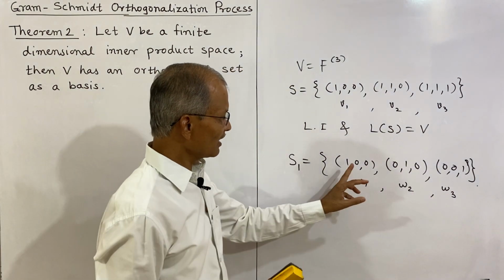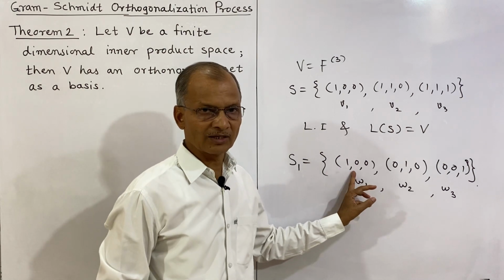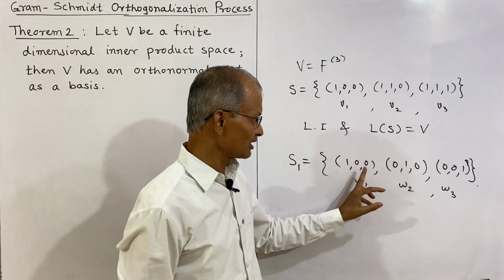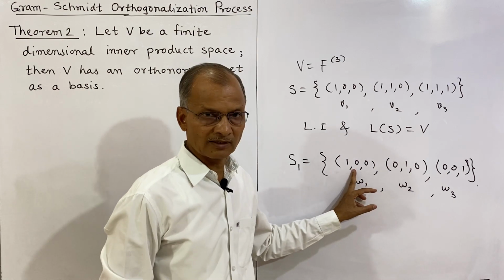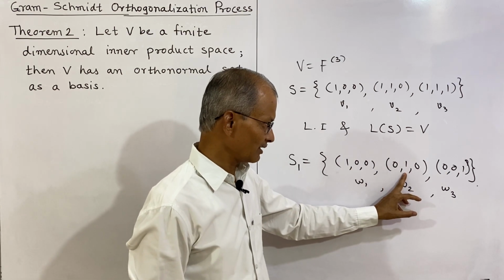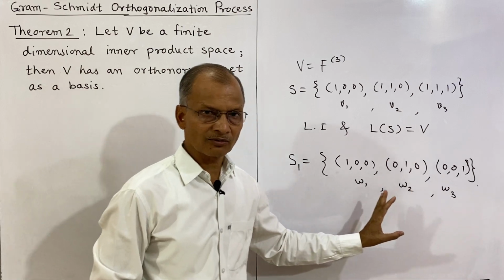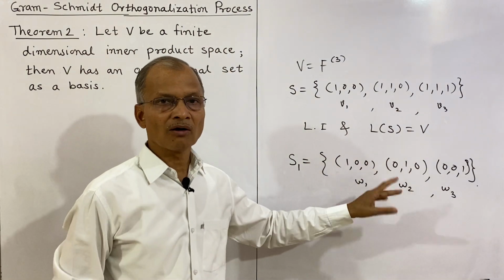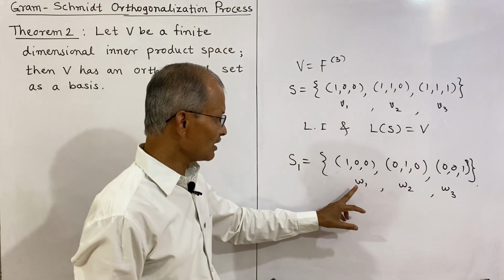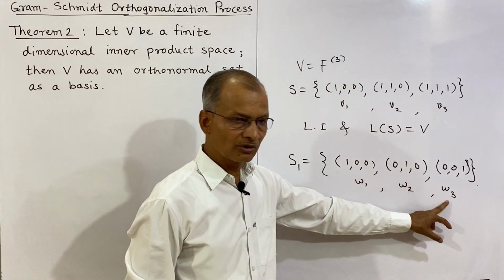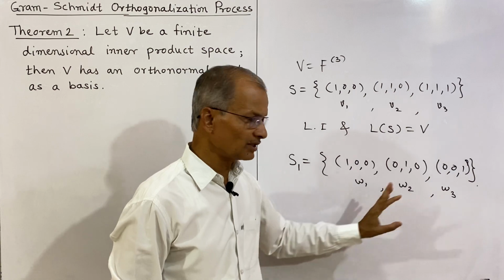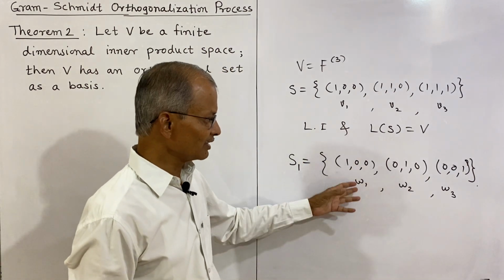This is equivalent to the unit vectors i, j, k in three-dimensional space. The vector (1, 0, 0) has length 1, the length of the next vector is also 1, the length of the third vector is also 1, and they are mutually orthogonal. That means the inner product of W1, W2 is 0, W2, W3 is 0 and W1, W3 is 0, and the inner product of each with itself is 1.